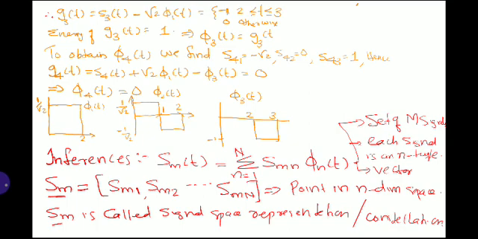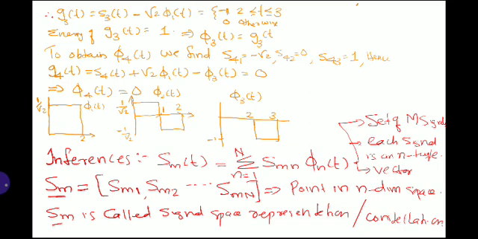Although your set has 4 signals, each signal can be represented using 3 basis functions, phi 1 of t, phi 2 of t and phi 3 of t, or each signal is a 3 tuple, a set of 3 numbers. So you need only 3 basis functions here, because one basis function is 0.